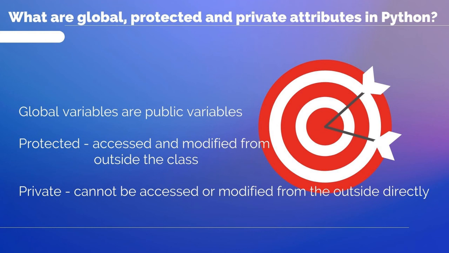They can still be accessed and modified from outside the class they are defined in, but a responsible developer should refrain from doing so. Private attributes are attributes with double underscore prefix to their identifier, for example, __ansh. They cannot be accessed or modified from the outside directly and will result in an attribute error if such an attempt is made.